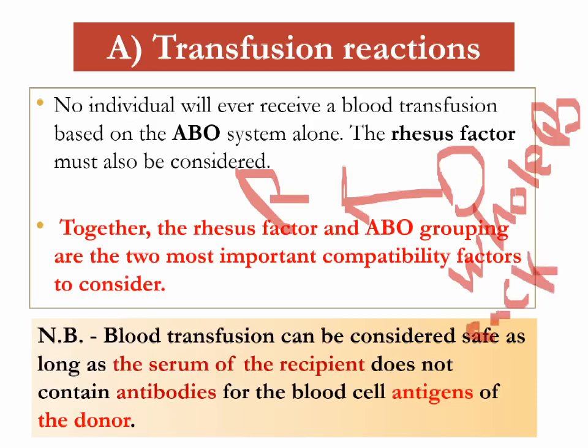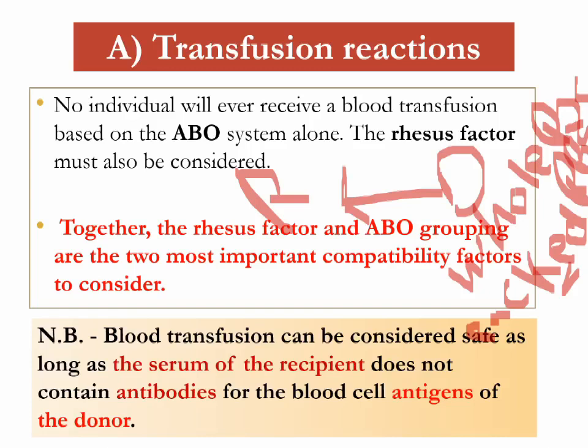We take the blood and fractionate it and take from the blood only the RBCs, and we start to transfuse it to the recipient. Why RBCs specifically? Because, as you know, it contains the hemoglobin and it's very, very important for carrying the oxygen.